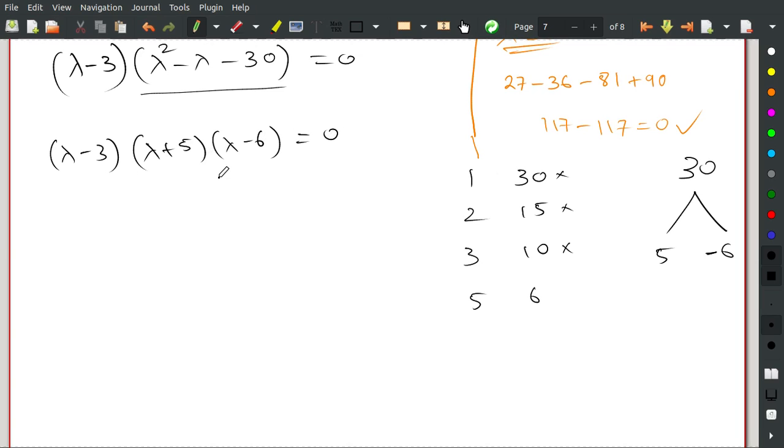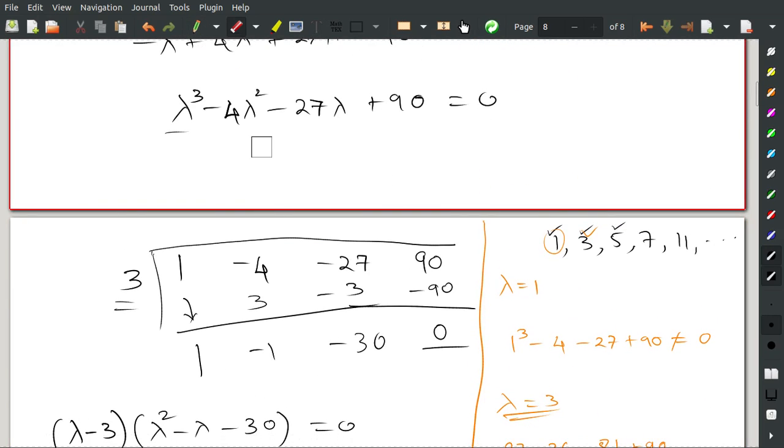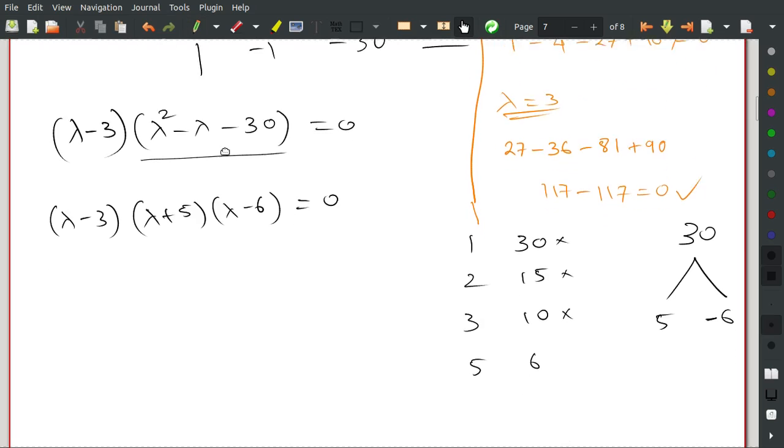If we multiply these, we will get this equation. If we multiply all these terms, we end up at this equation. So what we did is we just found the roots.